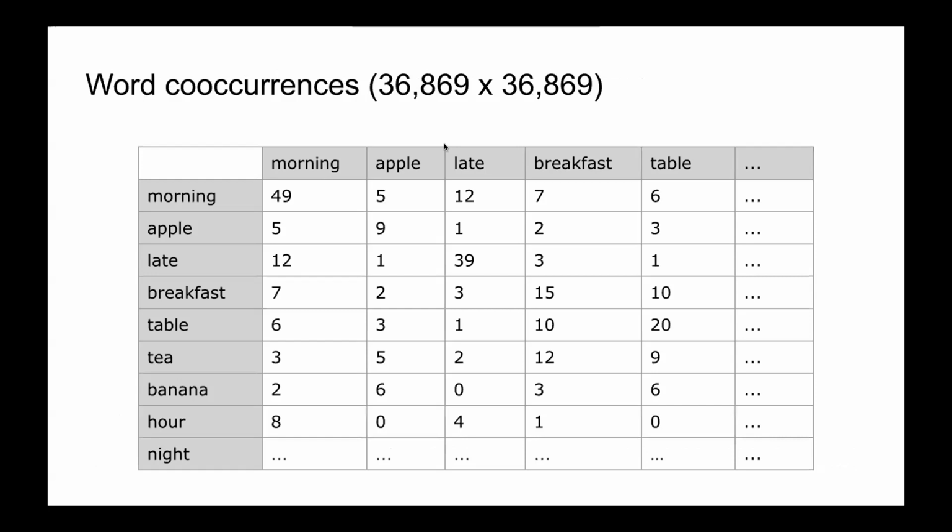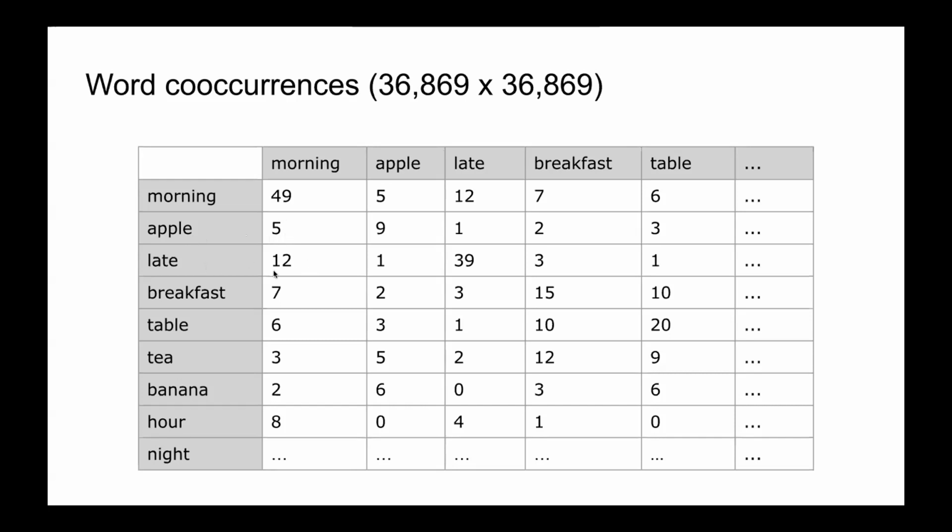So there's a much better way of representing this kind of data abundance, and this is using a table of the co-occurrences. As you can see here, we've got a square table of 36,000 by 36,000 elements, because that's the size of our vocabulary in our corpus. And the word apple and the word morning co-occurred 5 times, being adjacent one to another.